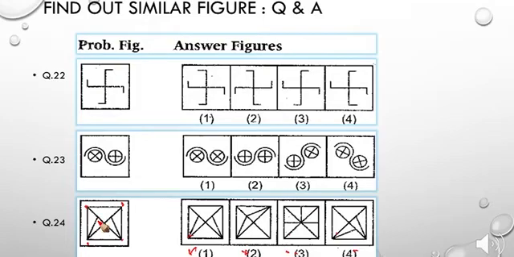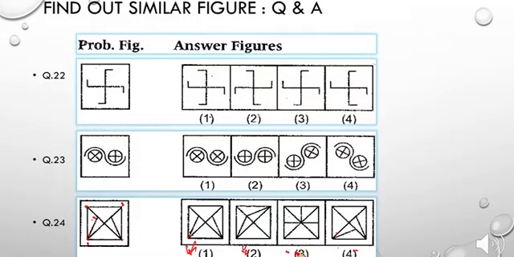Let's check for this design, which is from this corner on the left hand side at the bottom to this line here. In option 1, yes, it is there, so this is fine. In option 2, yes, it is there, this is also looking fine.